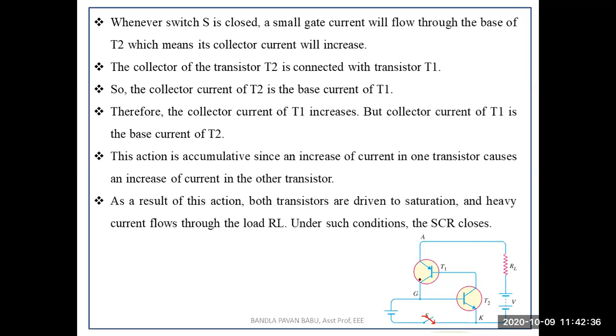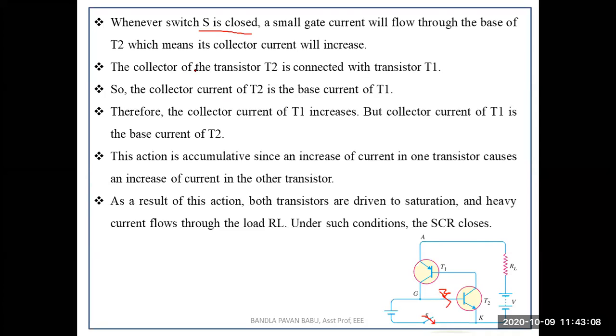Since current is flowing through these two transistors, even if only one of the transistors is fed with more gate current, obviously the second transistor also comes into conduction, so that there exists a flow of current. I will just read out the points mentioned: whenever the switch S is closed, a small gate current will flow through the base of T2. So this is the base.